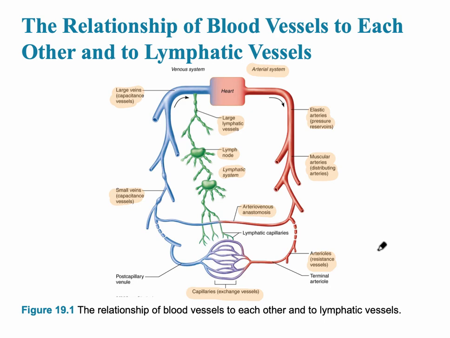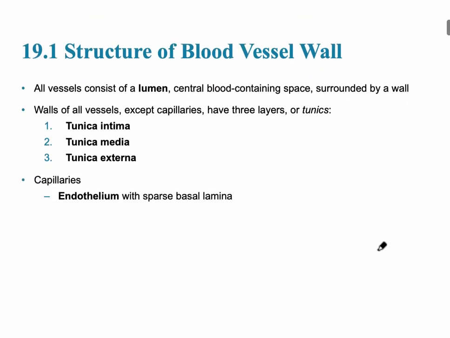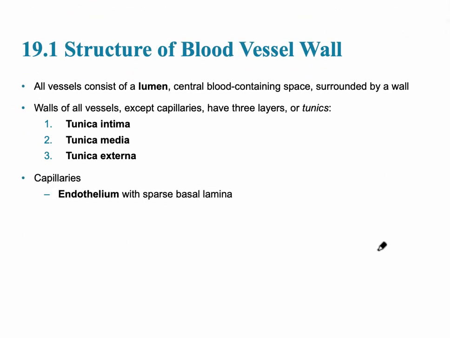Our next slide is showing the structure of a blood vessel wall, and there are three main tunics. First of all, the center of the blood vessel is called the lumen, and the three tunics are called the tunica intima, media, and externa, and the capillary only has the endothelium.